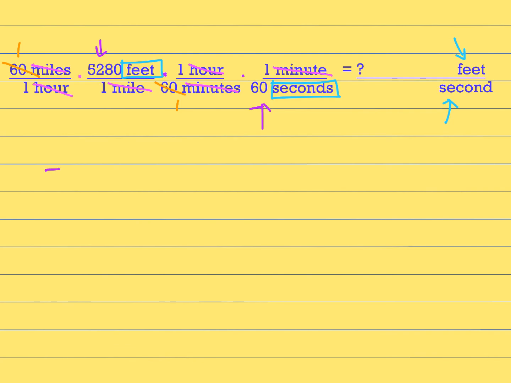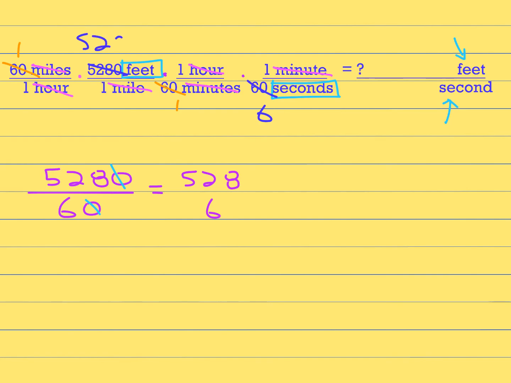So I'm going to write them down here to see what we can do to cancel them. Certainly we can divide them both by 10, and now we've got 528 and 6. And I can do that up here. Let me erase my marks here and here, and I can say we could do an intermediate step of saying that 60 now becomes a 6, and 5,280 becomes a 528.